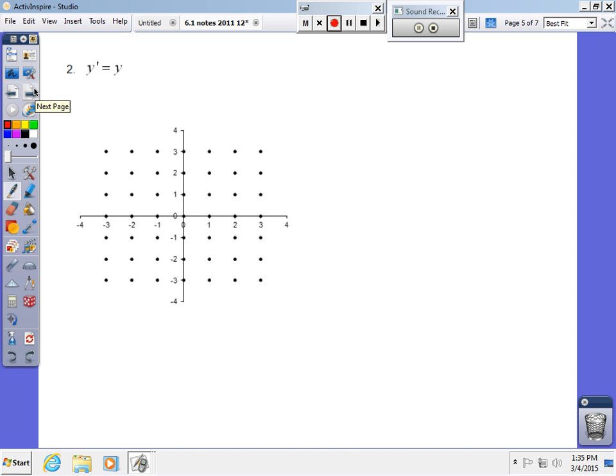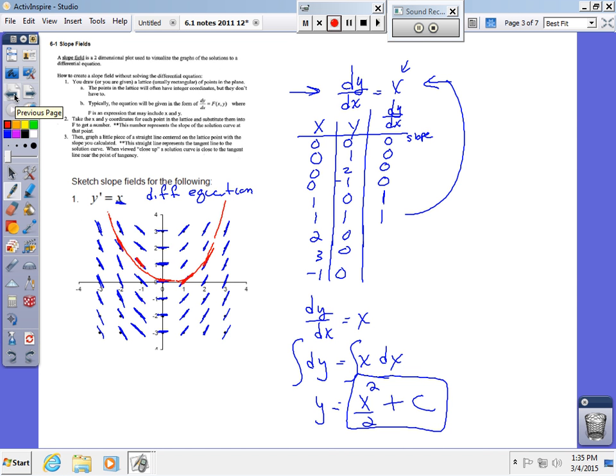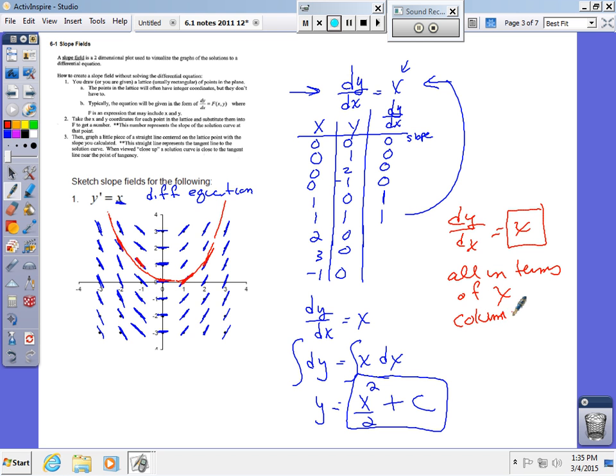Oh, one other thing I wanted to mention about this. If you have a differential equation, in this case dy/dx is equal to x, and the right-hand side is all in terms of x, the columns will have the same slope.